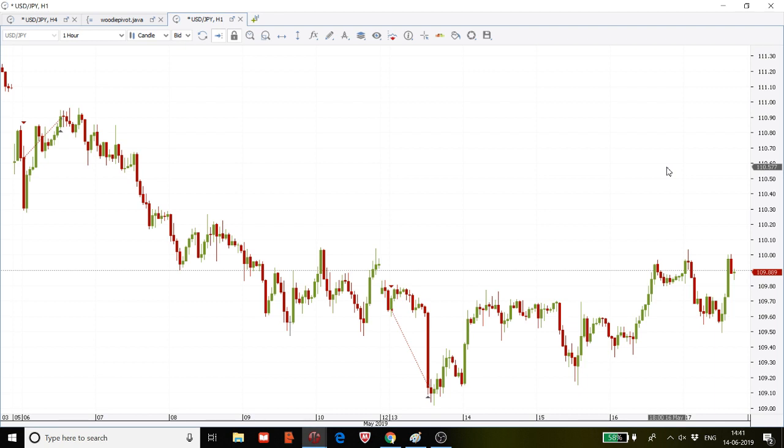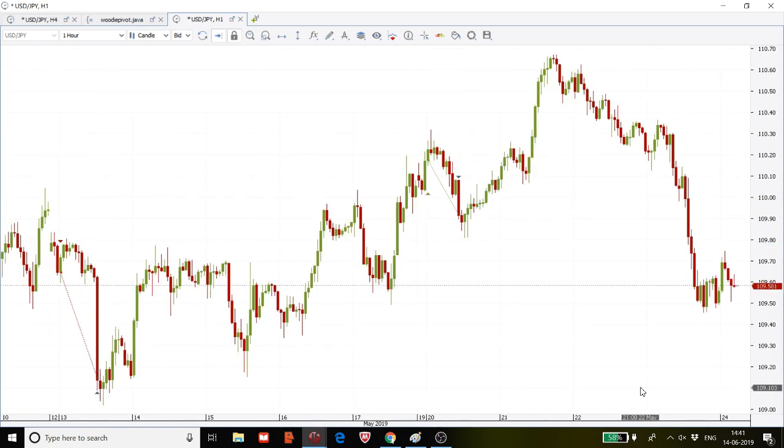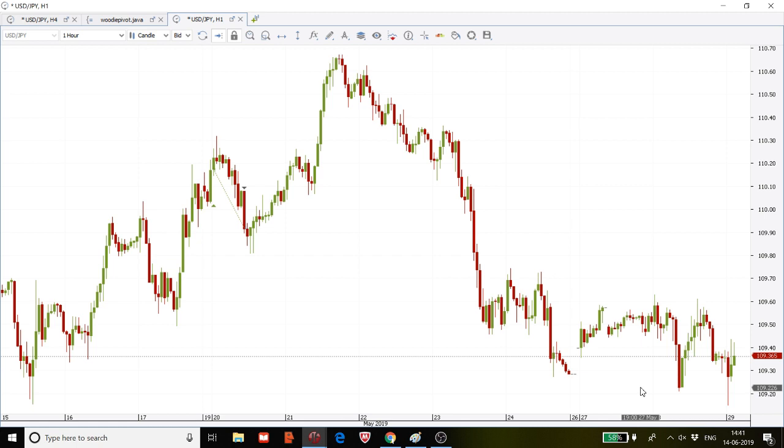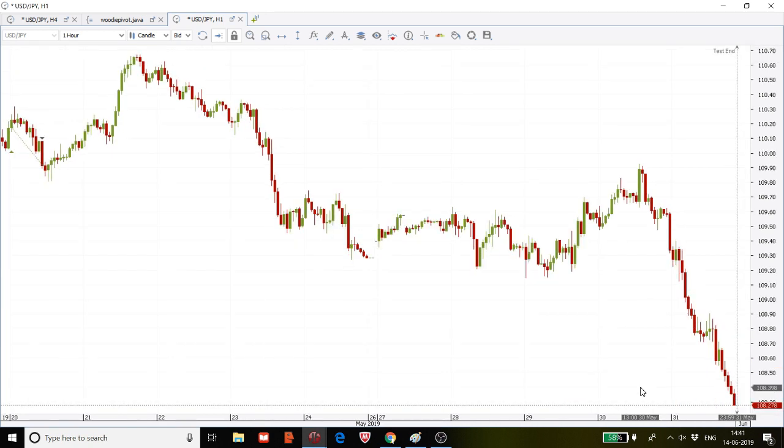Now here it's a buy, stop loss got hit. Yes, end of the test run.